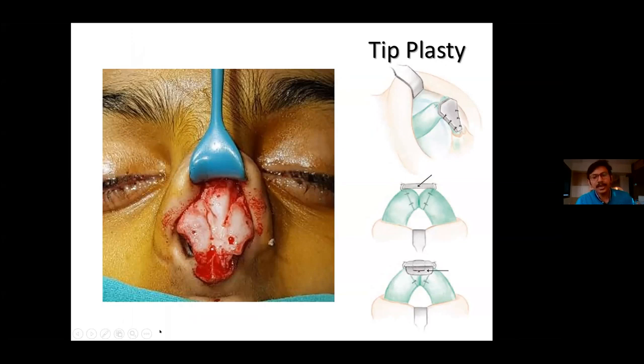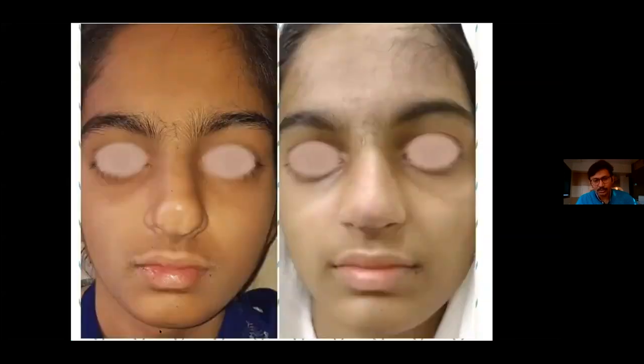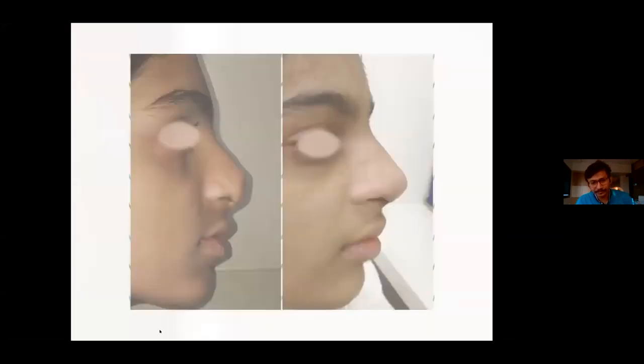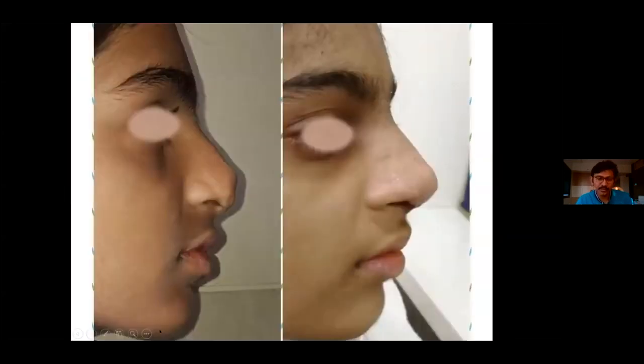So we had to lengthen the medial crus and the lateral crus to take it to the intermediate crus, and we also had to use a multi-layered shield graft and a multi-layered cap graft to get this result. So from here we could go till here.